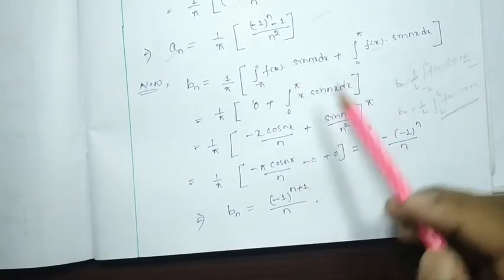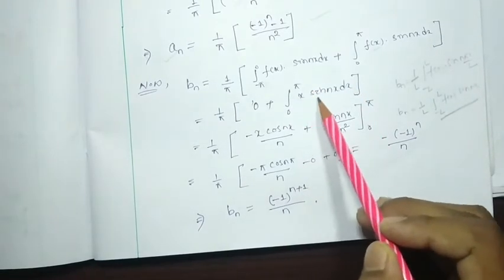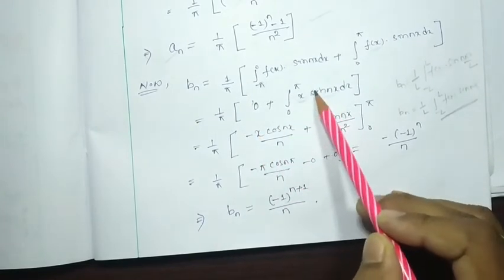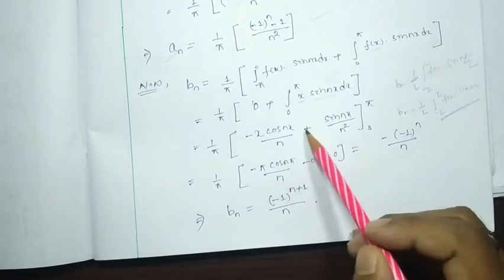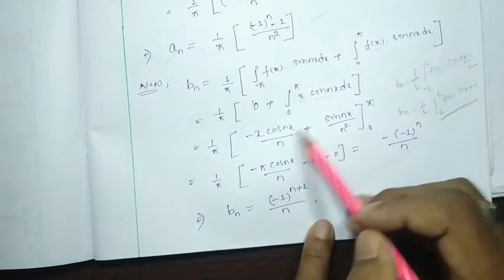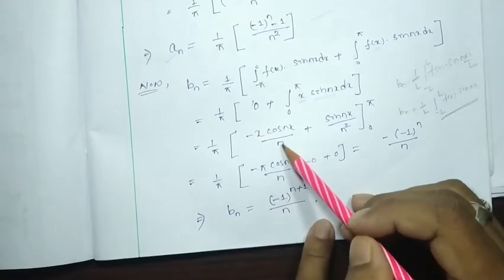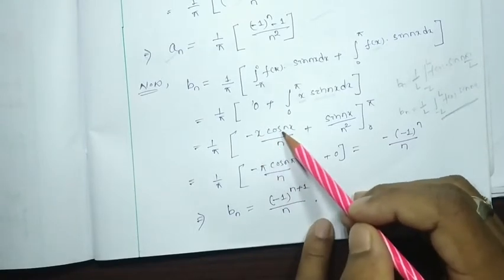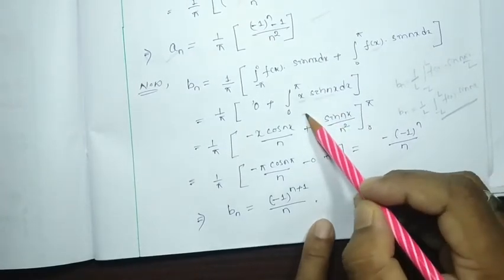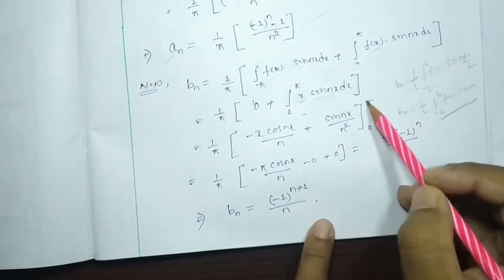And by integrating this we are going to get the following. By the Kronecker delta method, if we use it, then this will be g(x) and this will be φ(x). So the integration of g(x) will be −cos nx by n, then minus g'(x), which will be 1, and the integration of that, minus cos nx, will be −sin nx by n², and here there is another minus, so it will be plus sin nx by n², with limits 0 to π.